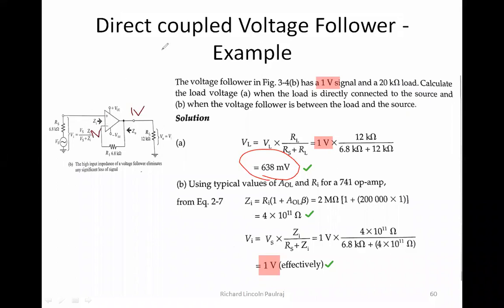And what happens to this point here? If it is 1 volt here, the same thing is tried to follow. So I am going to get 1 volt even here, both the inverting and the non-inverting terminals. Is that fine, all of you?